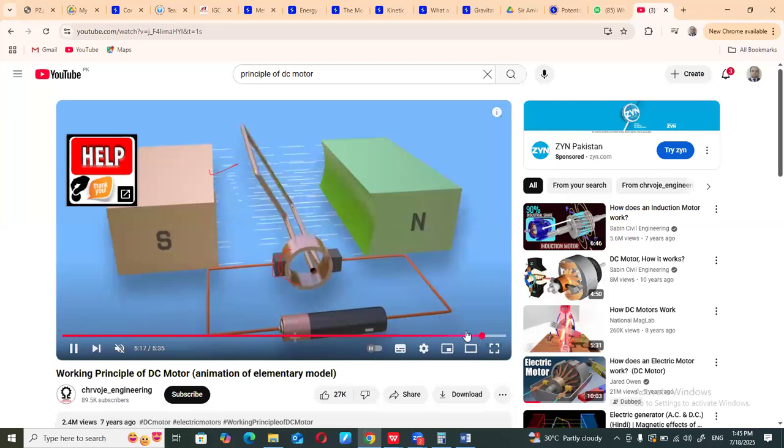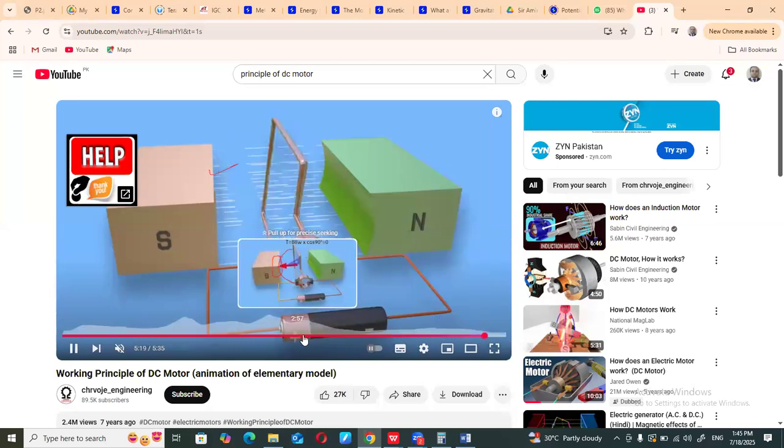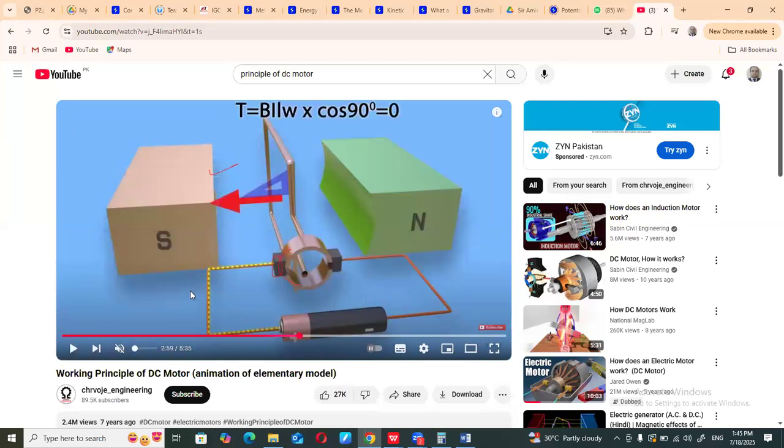Let me see, okay, here. Once it reaches this point, that side actually becomes parallel to the direction of the magnetic field lines. The question is now, what will happen? How will this armature rotate further?